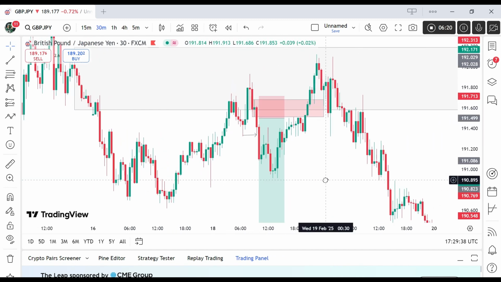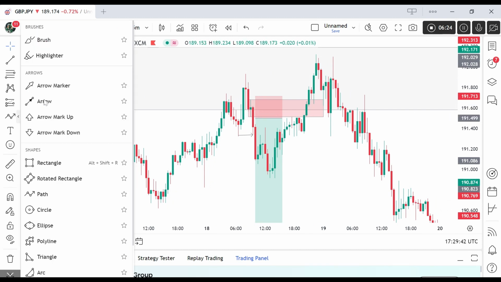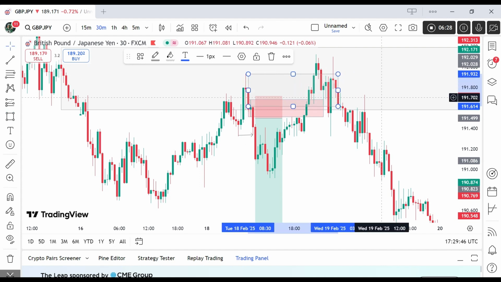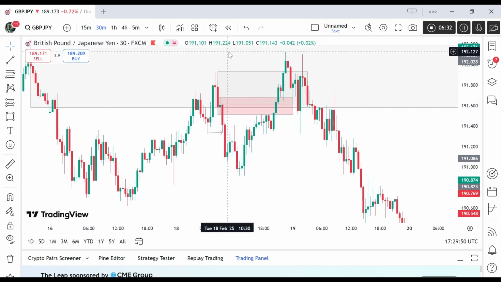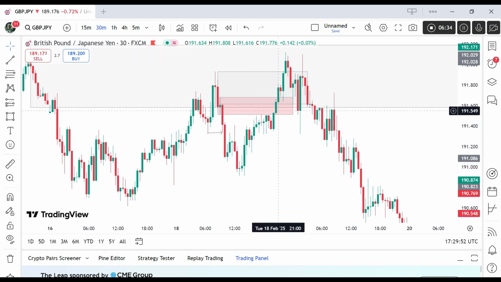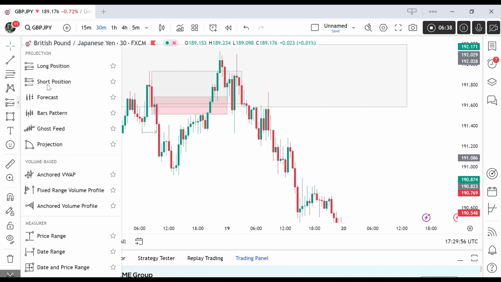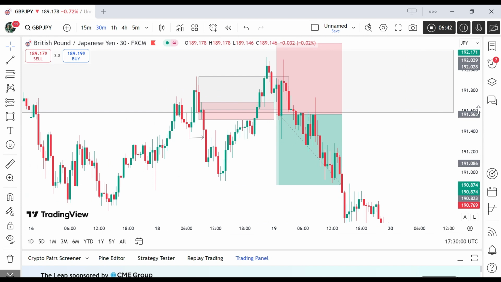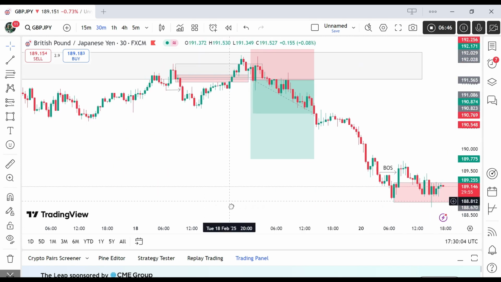Now, my mistake was, instead of taking confirmation, instead of drawing out this huge zone right here and placing my entry somewhere here, the trade would have been a winner, right?